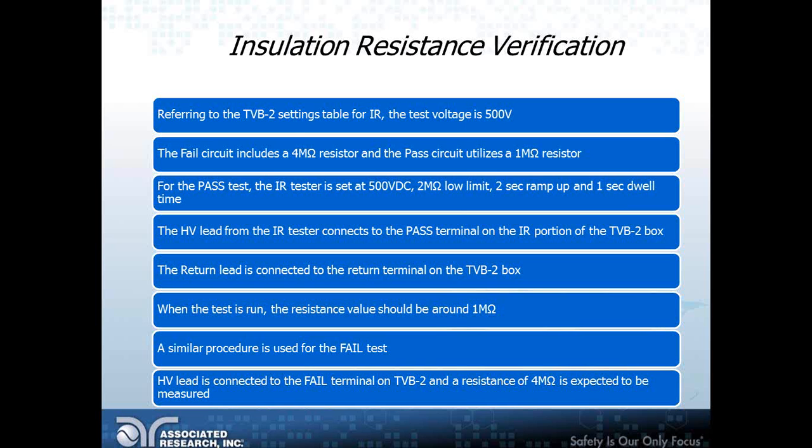When the test is run, the resistance should come out to be around 4 mega ohms, and it should register an immediate fail. Once again, in order to stay within agency regulations, this test should fail within 0.5 seconds of the dwell cycle. If it does not fail within this time, the unit needs to be looked at and analyzed for faults or defects.